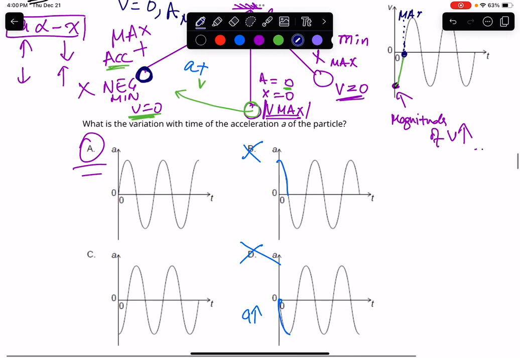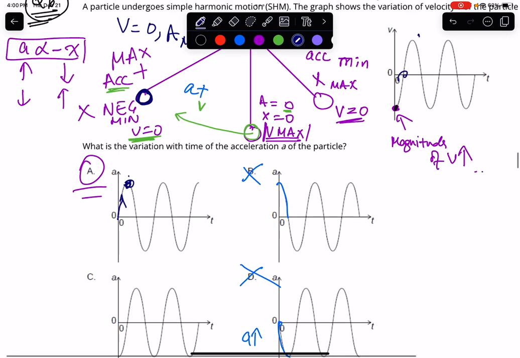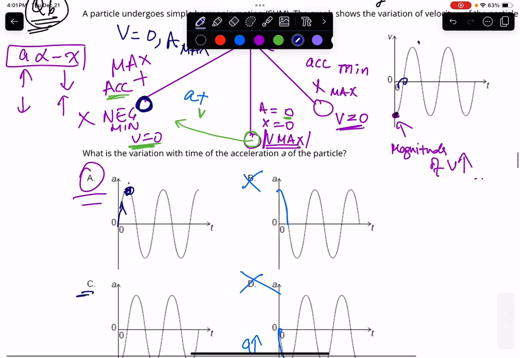And if you see, the only function that sort of does it is A. Okay? Because first of all, the acceleration is rising, and then the acceleration is maximum just when the velocity is 0. Right? Actually, even C does it. So we can sort of move through that and look at things now.